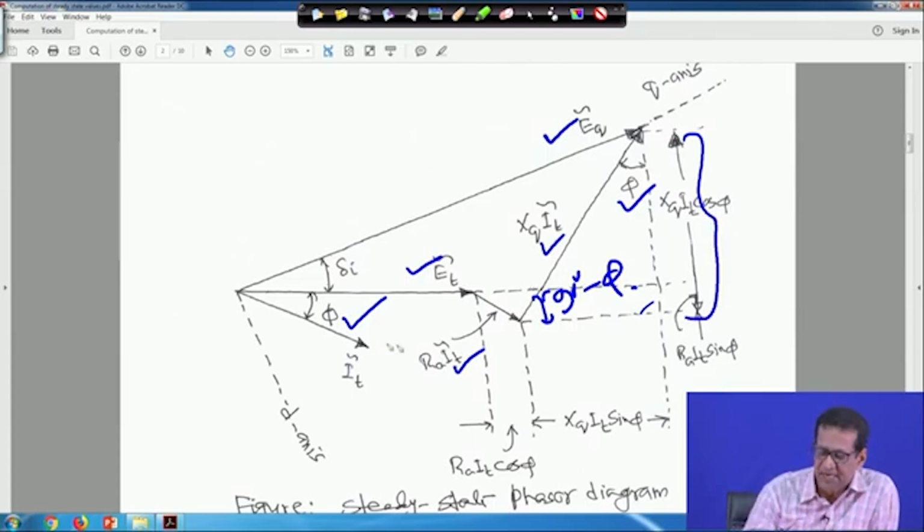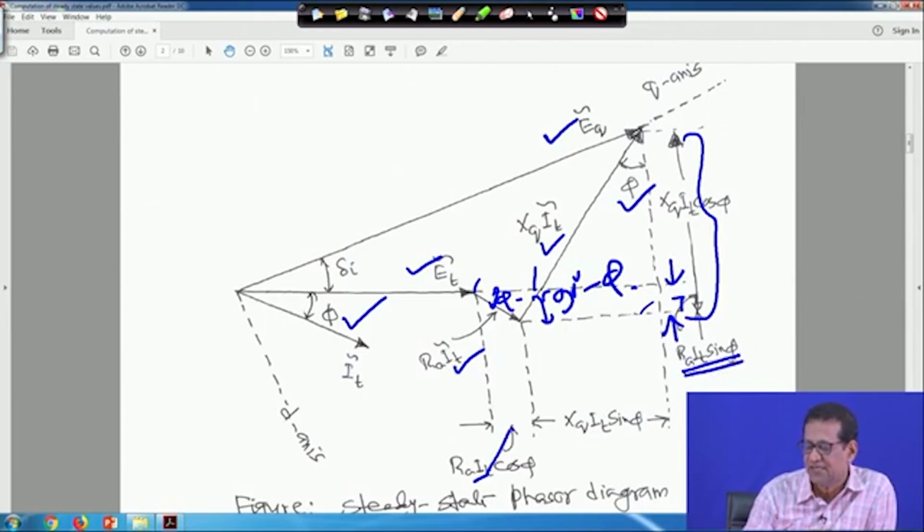And this is my RAIT, this angle is also phi, therefore from here to here this is RAIT cos phi, and similarly this portion is RAIT sin phi, right.